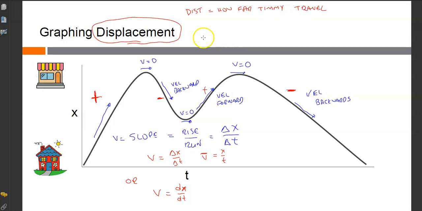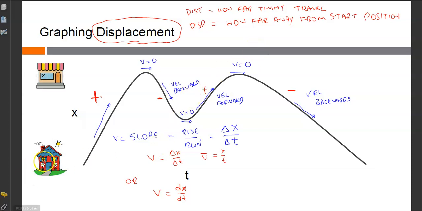The other number, though, is the displacement. And that would be how far away from home did he end up? How far away from the starting position? And if you look at these two numbers, they're not necessarily the same thing.